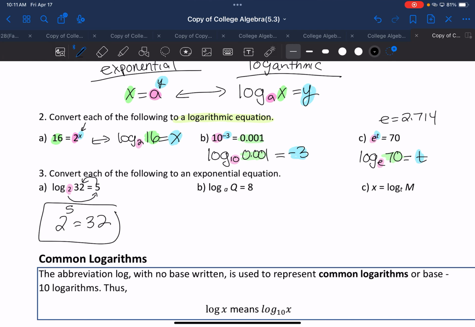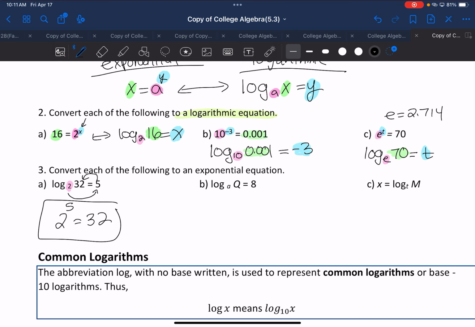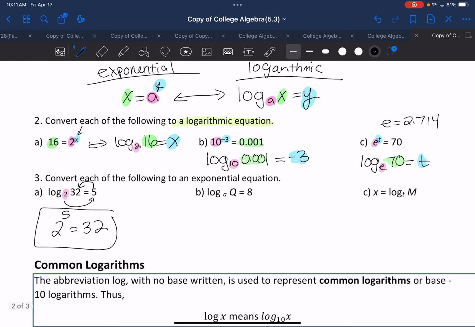Then the other one would be what? What would B be? Perfect. A to the power of 8 equals Q. And then the last one, sometimes they'll switch the order on you, but you're still doing the same thing.